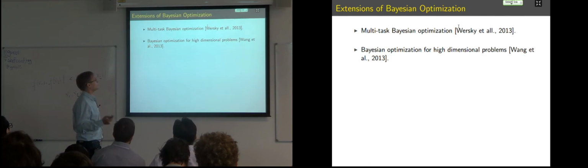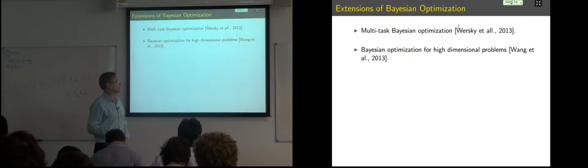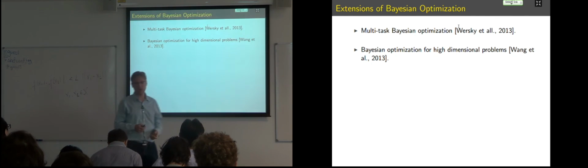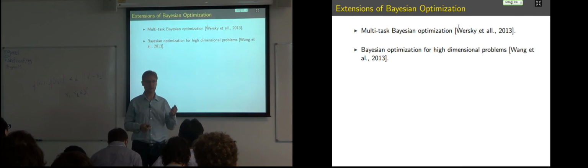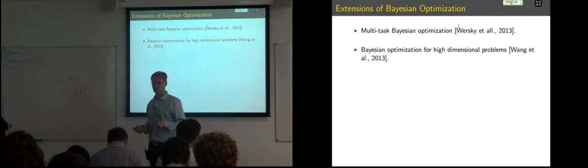Another thing you can do is obviously what you were saying before. When you have a high-dimensional problem and you want to do Bayesian optimization, typically you need to make further assumptions on the function that you want to optimize, right?